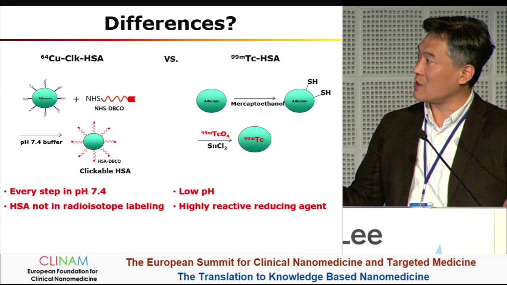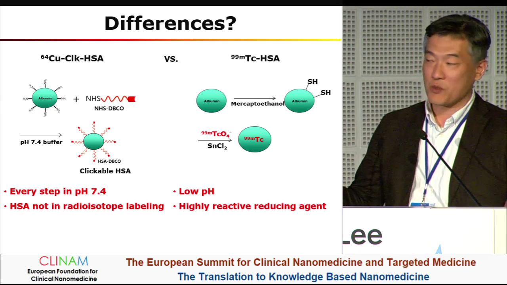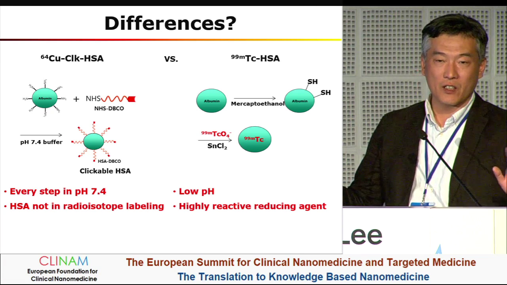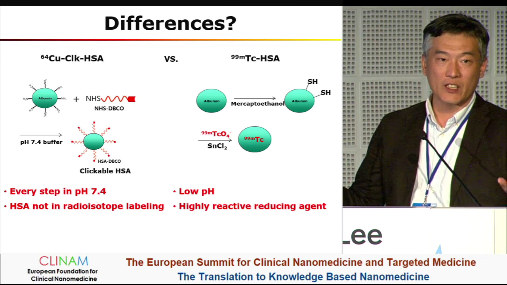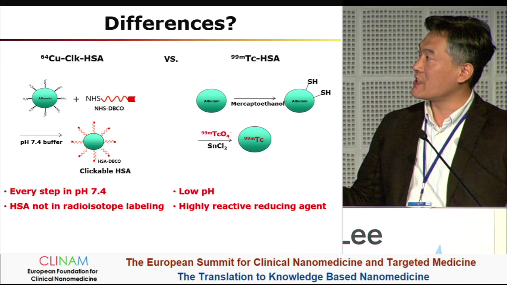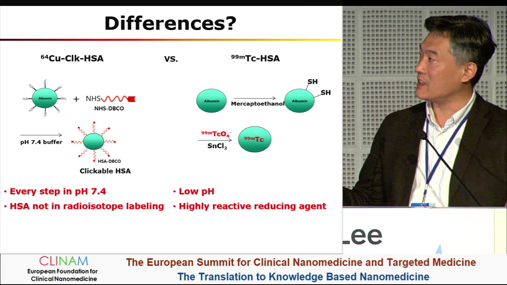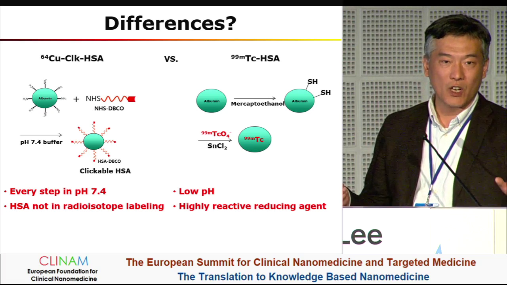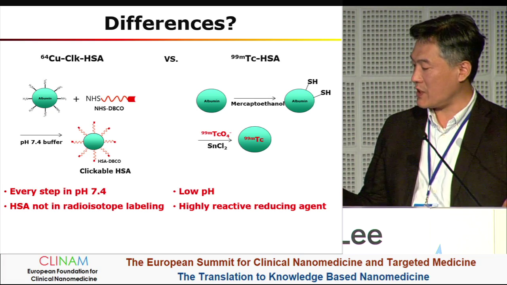The new labeling procedure is always at physiological pH, and the albumin is not labeled with the radionuclide directly. But in the case of technetium, you can see the low pH, and normally we used a highly reactive reducing agent.